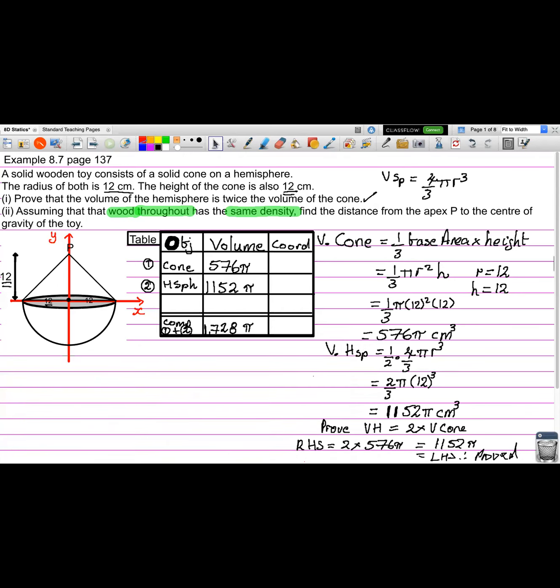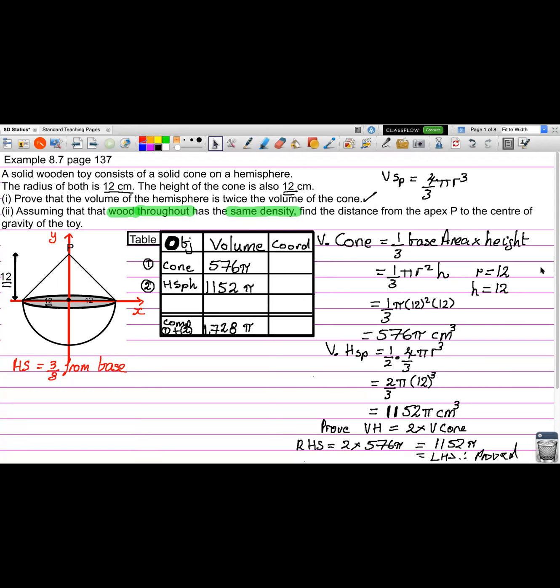So I've had a look at the formula book, and the hemisphere is 3/8 from the base. Was that correct? Or do I need to look at that again? I think it was correct.